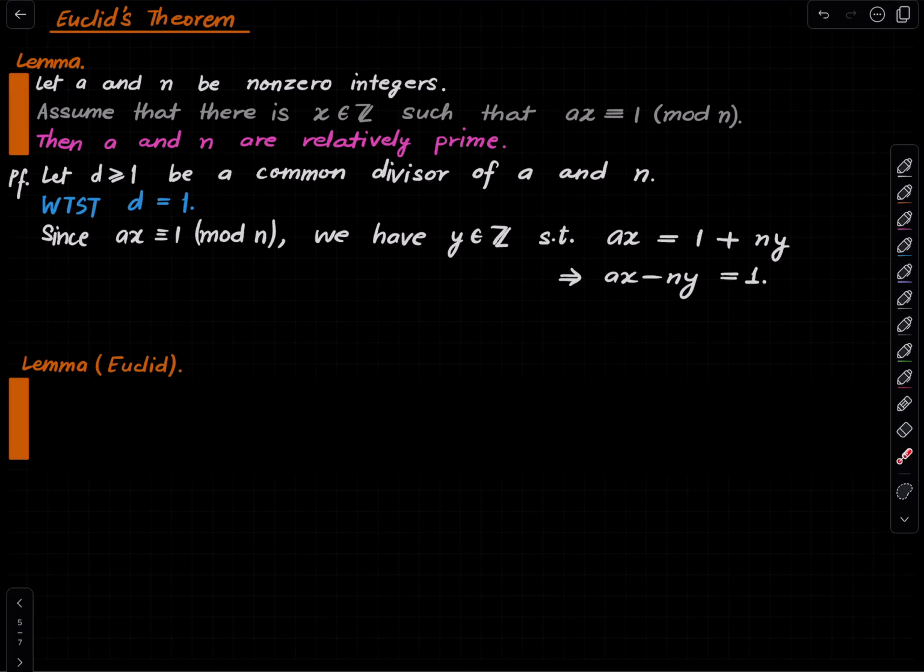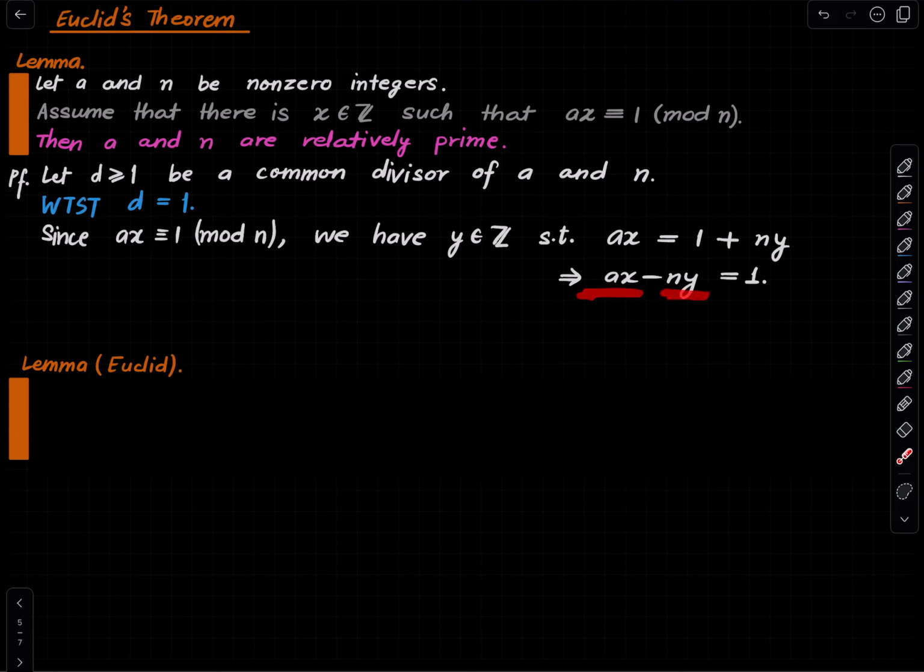Right? But d being a common divisor of a and n, we see that it divides ax and ny. D divides a and hence it divides ax. D divides n and hence it divides ny.